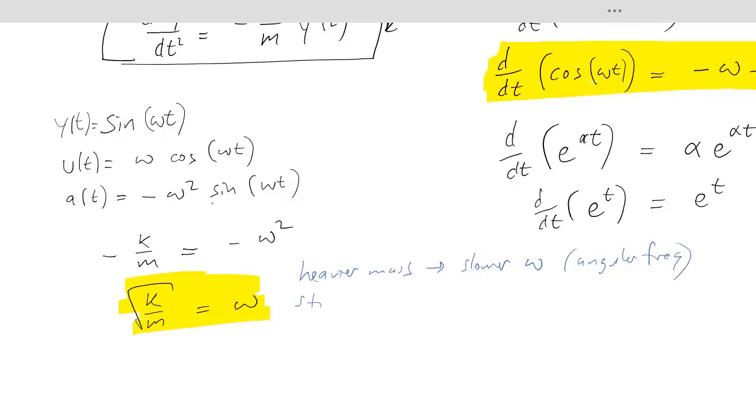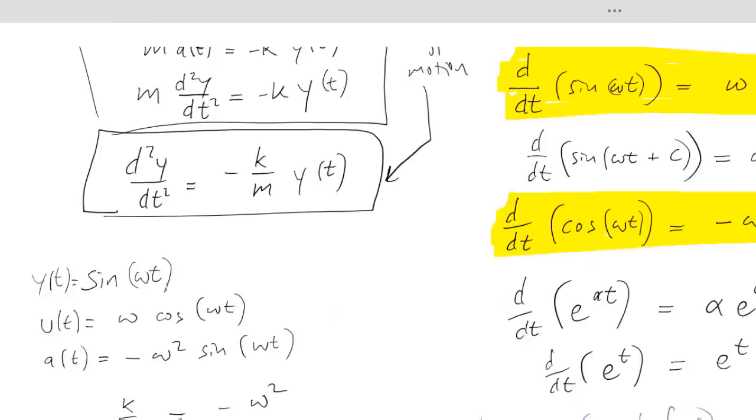And then a stiffer spring, that's a larger k, means a higher angular frequency. So if I put a heavier mass on a spring, it's going to oscillate slower. If I use a stiffer spring, one that can exert more of a restoring force affecting a bigger acceleration, then I get a faster oscillation.